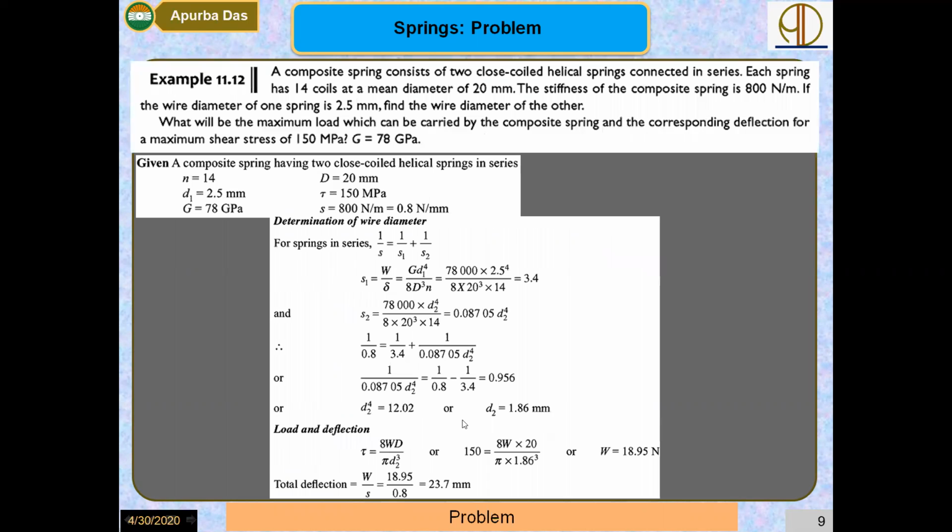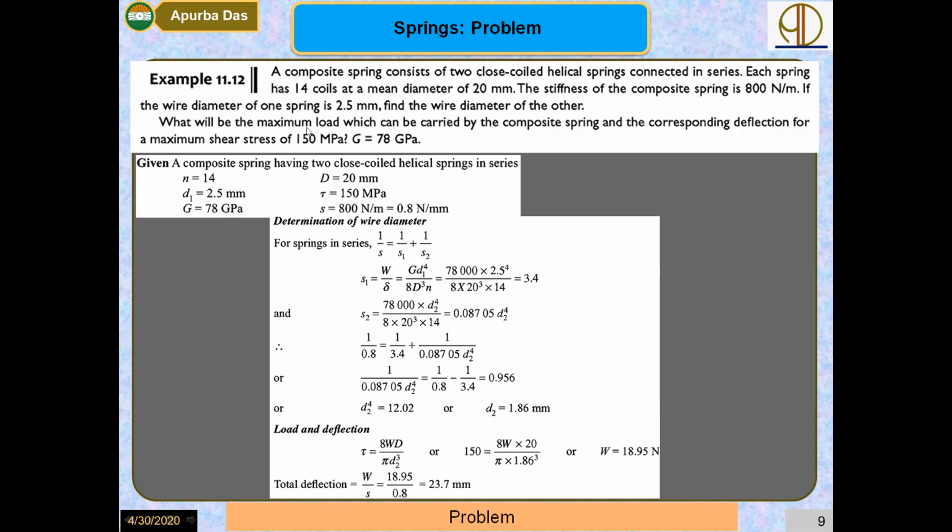The next problem, a composite spring consists of two closed coil helical springs connected in series. Each spring has 14 coils at mean diameter of 20 millimeter. The stiffness of the composite spring is 800 Newton meter. If the wire diameter of one spring is 2.5 millimeter, find the wire diameter of the outer one.